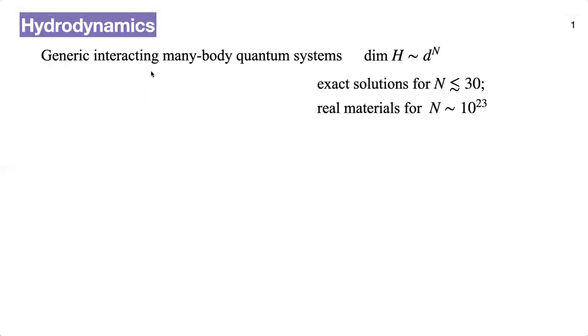Well, to begin with, for a generic many-body quantum system, the dimension of Hilbert space is always proportional to d to the nth power, where d is the number of degrees of freedom for each particle, and n is the number of particles. For a classical computer, we may find exact solutions for 20 or 30 particles, but in reality, real materials can contain numbers like 10 to the 23.